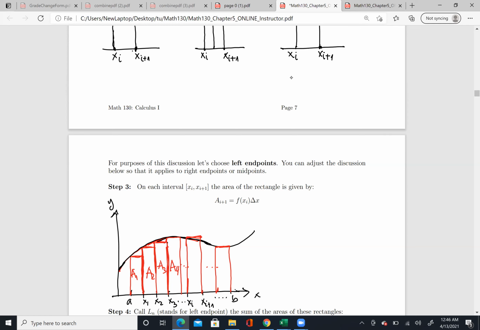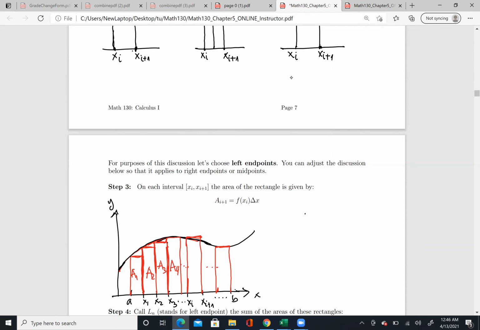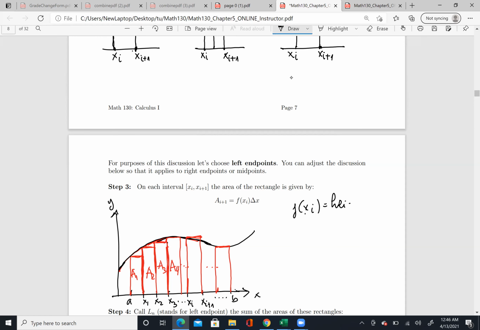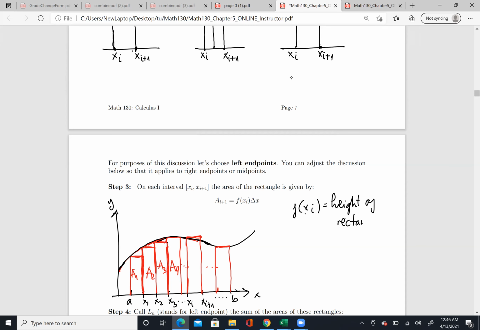Okay, so I have f(x_i) will be the height of the rectangle, right?